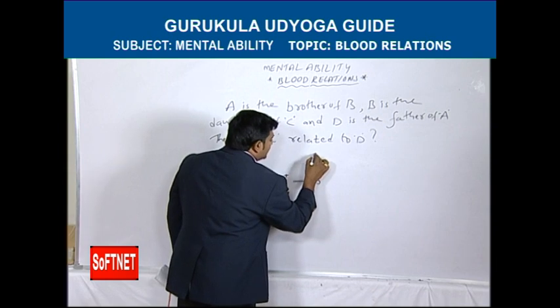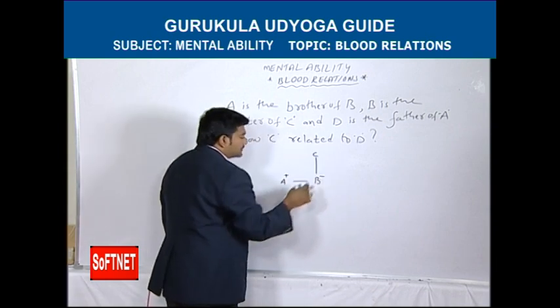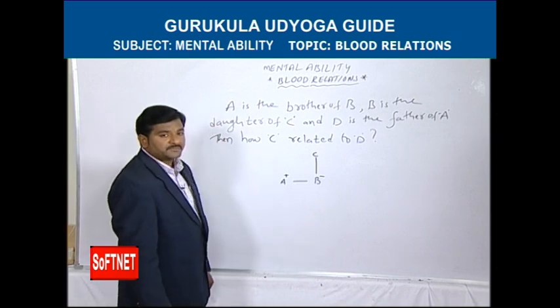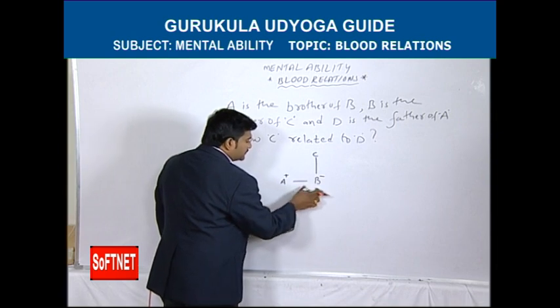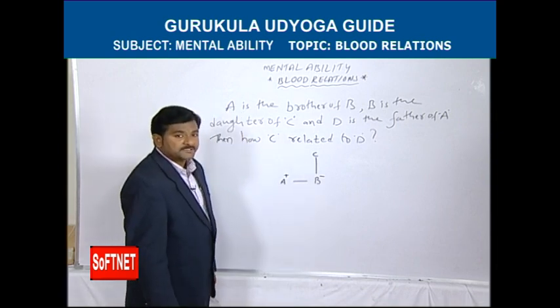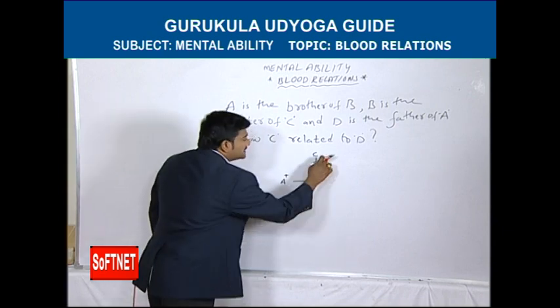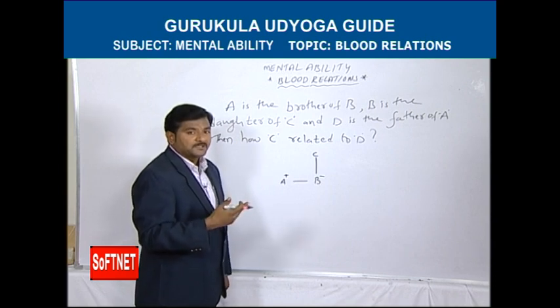Since there is a generation gap, C is above, and B is the daughter of C, so obviously B must be female gender. From these two sentences, it is clear that A and B are brother and sister. For these two, C may be either a father or a mother.